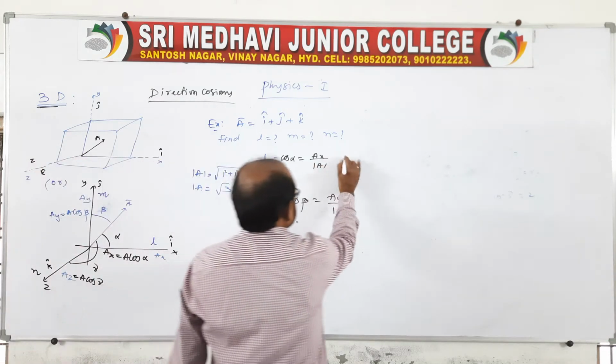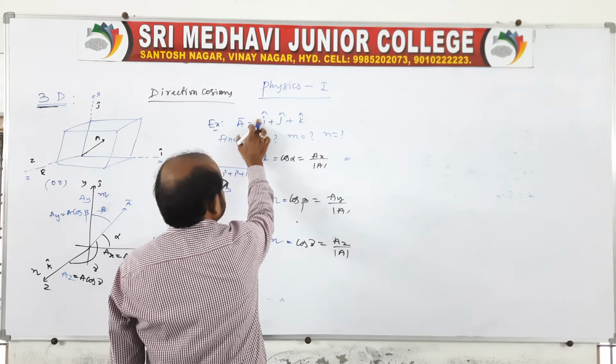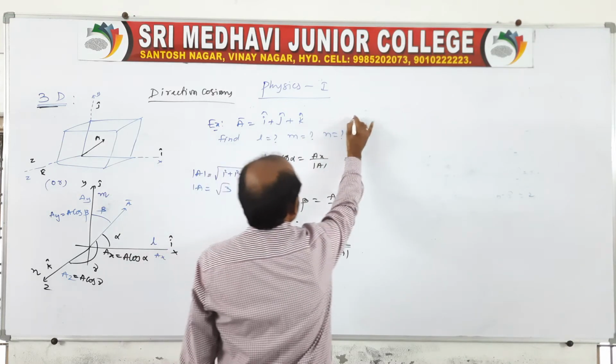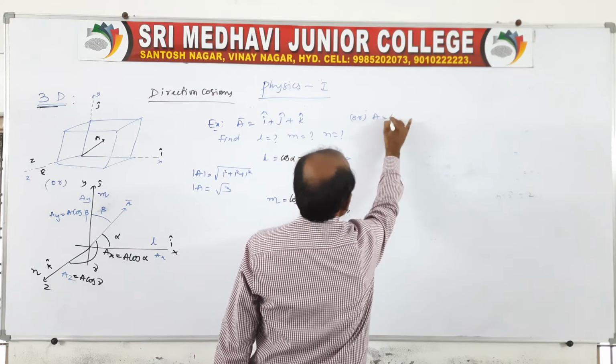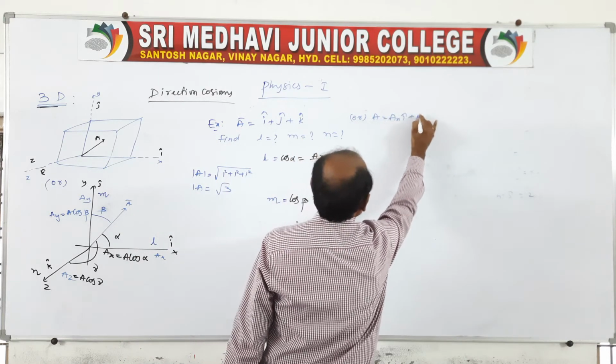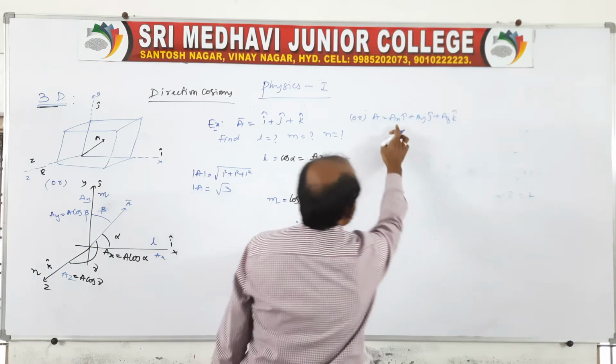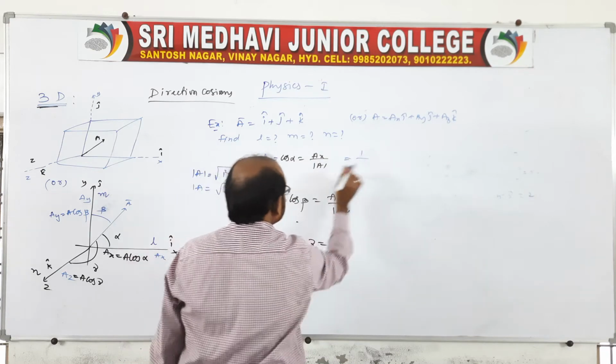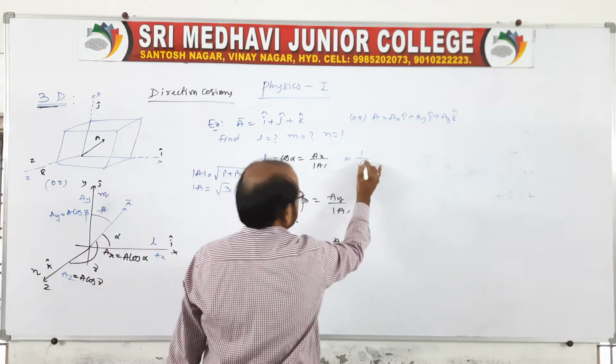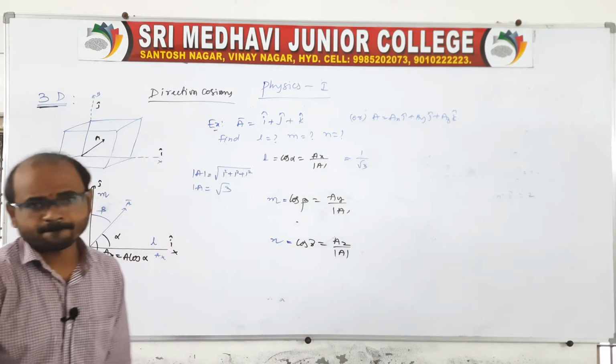Let us take the direction cosine Ax. You compare A is equal to Ax i cap, Ay j cap, Az k cap. You take it like this. So Ax is equal to 1, and the magnitude is root 3. So this is the direction cosine.